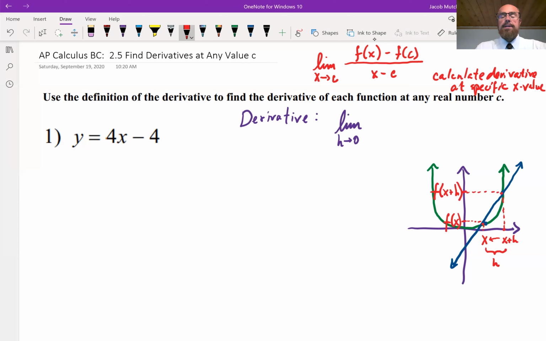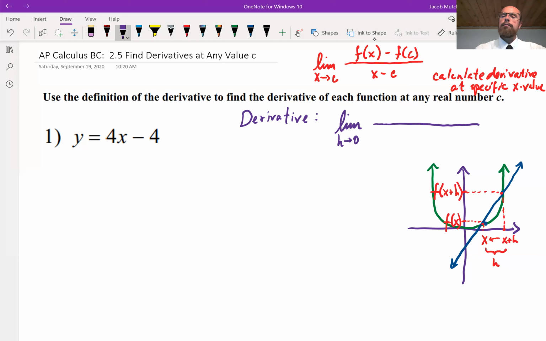So it's the same idea as our first definition, but it's defined in terms of distance instead of 2 distinct x values. So we know what h is now. H is the distance between those 2 x values.